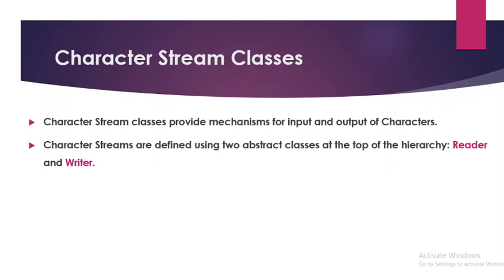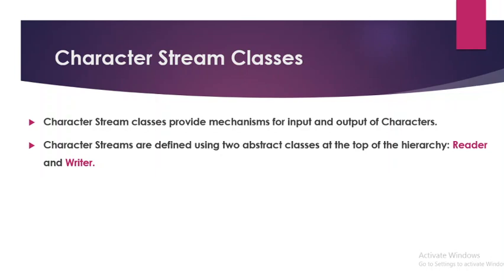Just like byte oriented stream classes, here we have character oriented stream classes, so the functions and hierarchy are nearly the same. Character oriented stream classes also have a hierarchy of classes, and this hierarchy is made up of two main abstract classes, Reader and Writer.